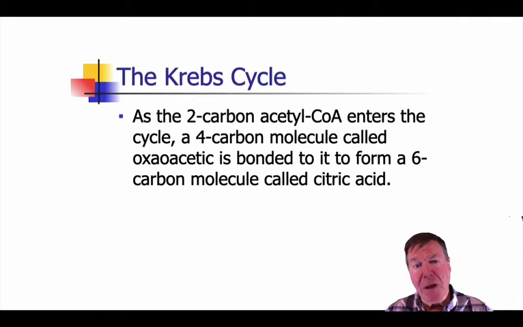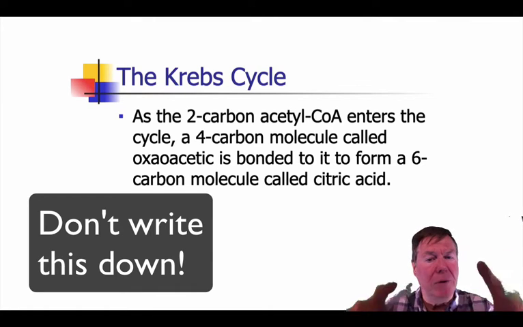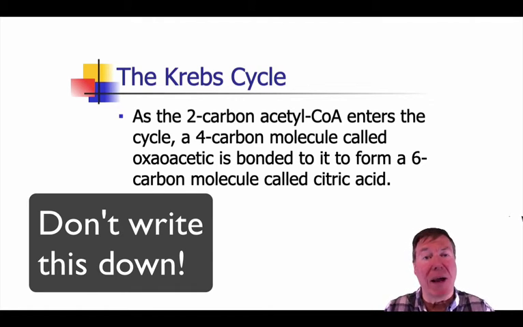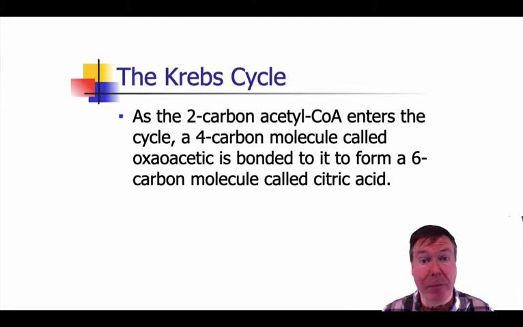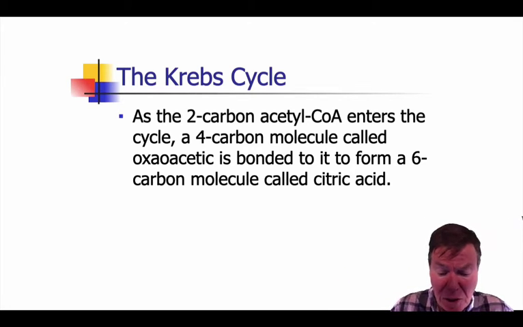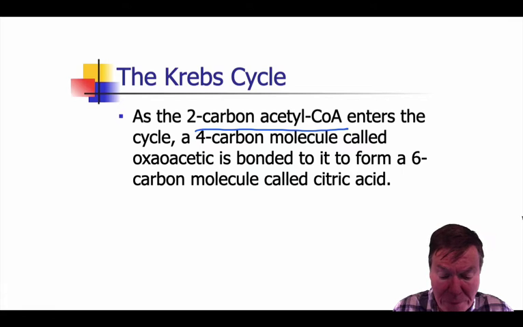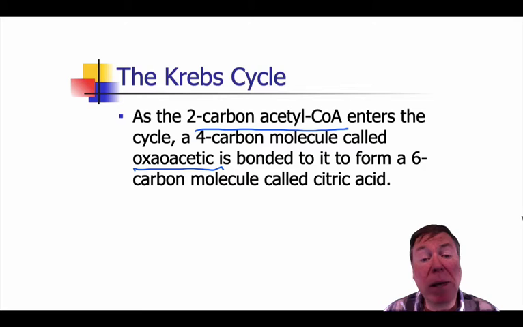So that 2-carbon acetyl-CoA enters the cycle, and look, you don't need to write this down. If you want to, by all means, do it. We're going to combine acetyl-CoA, which we got by breaking carbon dioxide off of pyruvic acid, with a 4-carbon thing called whatever. I don't know. I don't care.